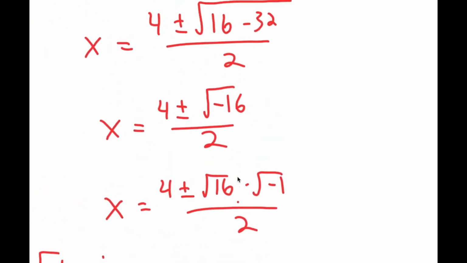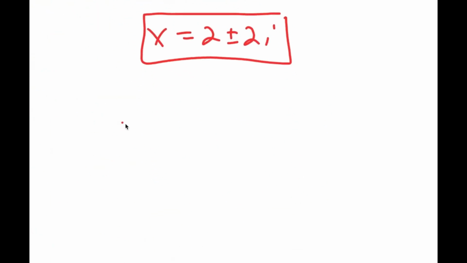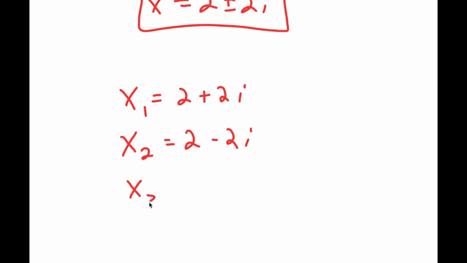So my three solutions of x are x = 2 + 2i, x = 2 − 2i, and x = 2.